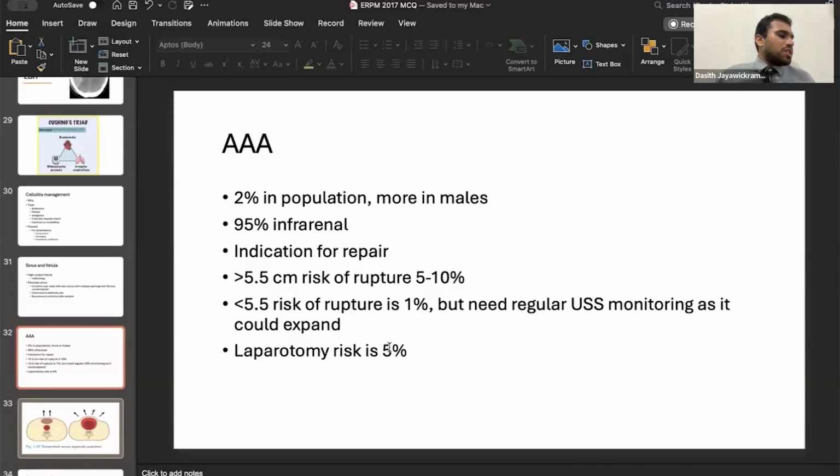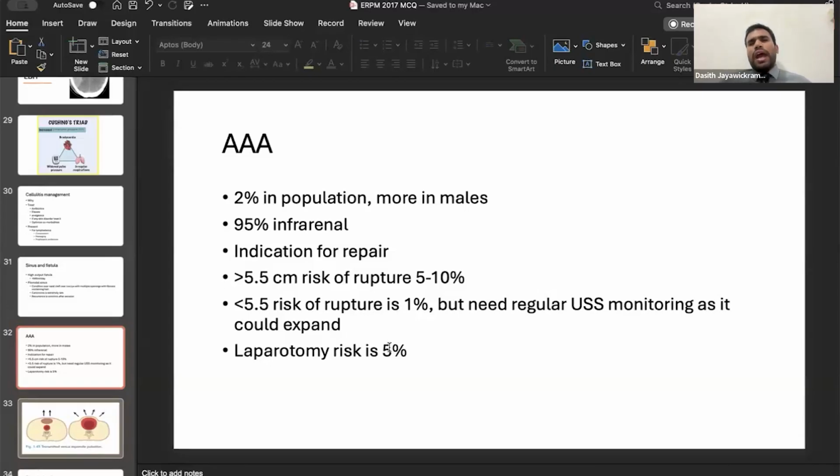So the question is, more than 6 centimeters requires surgery? Yes, the indication is 5.5 centimeters. Leaking aortic aneurysm mimics ureteric colic in elderly. Is it true? Yes, it is one of the differential diagnoses for ureteric colic. Dissecting aortic aneurysm is an indication.